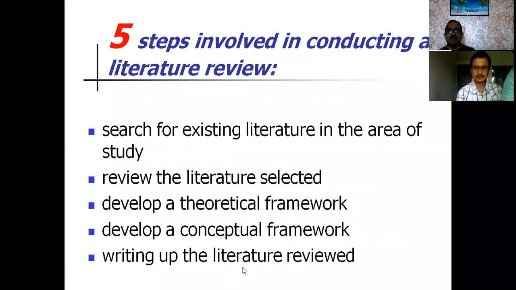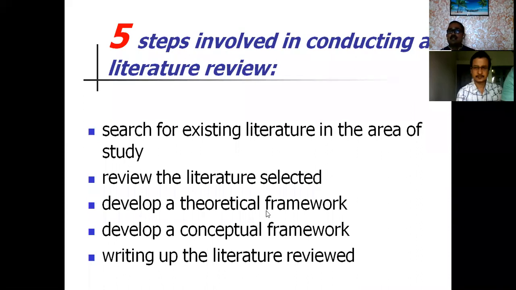So these are the 5 steps involved in conducting a literature review. This is the practical thing. Now you know the importance of review of reference literature, and these are the 5 steps you will have to follow. Search for existing literature in the area of study. You will have to make a general search for existing literature in the area of study. Review the literature selected; how to review, I'll tell you.